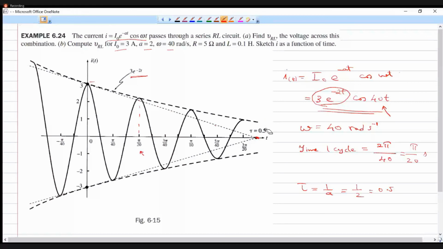And what will be the value of this function? If I draw a vertical like this, what will be the value of this envelope here? What is this height?